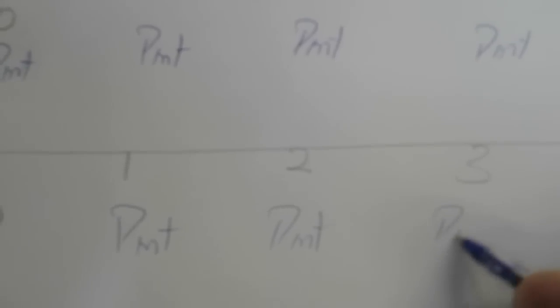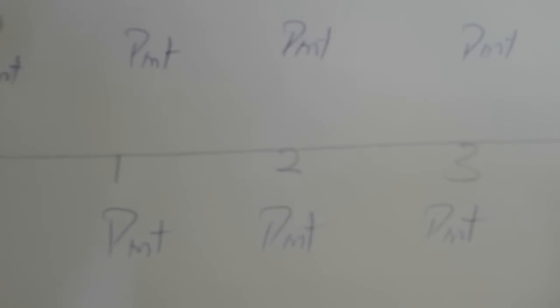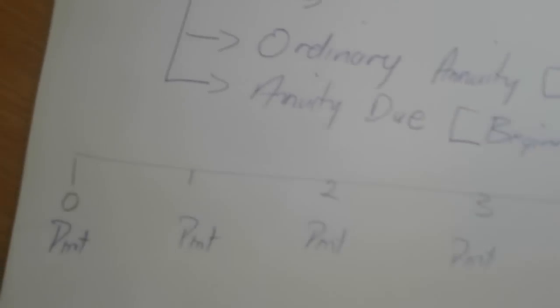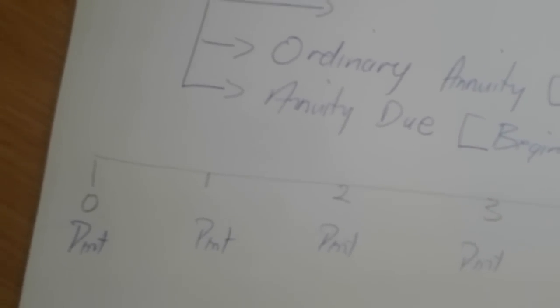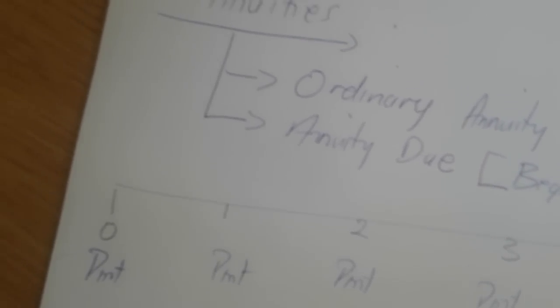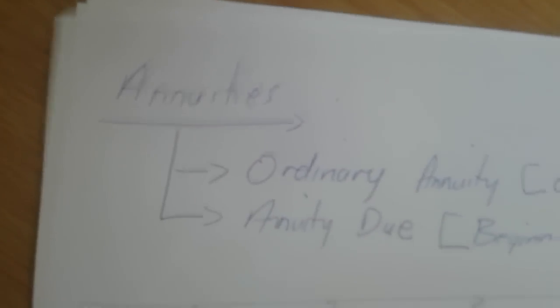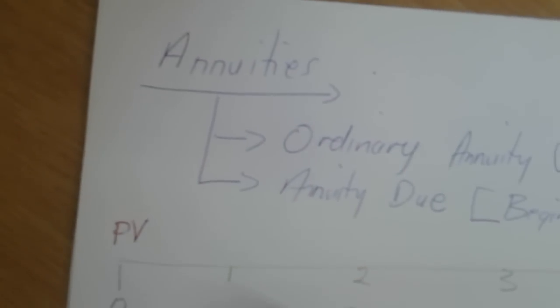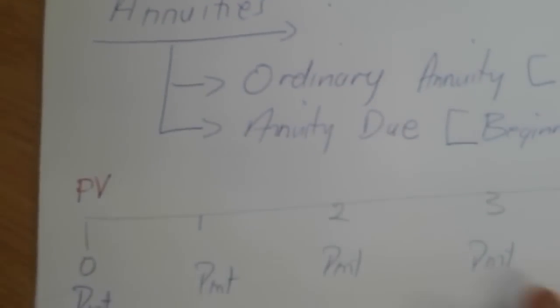Also PMT there, PMT there, PMT there, and PMT and PMT. Now, from what I've said there, this is an annuity due. But it's not conclusive. In many cases, it's not conclusive. What I want you to look at is the position of your present value and your first payment.